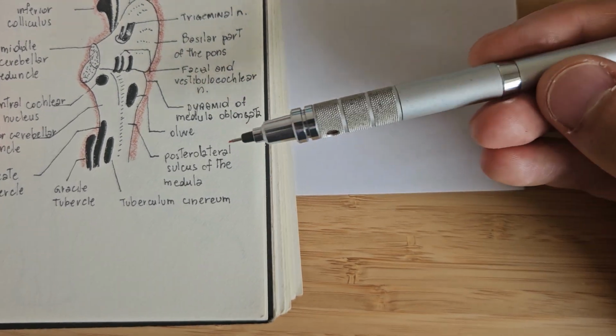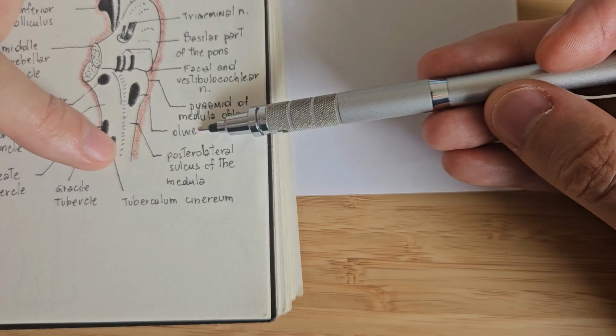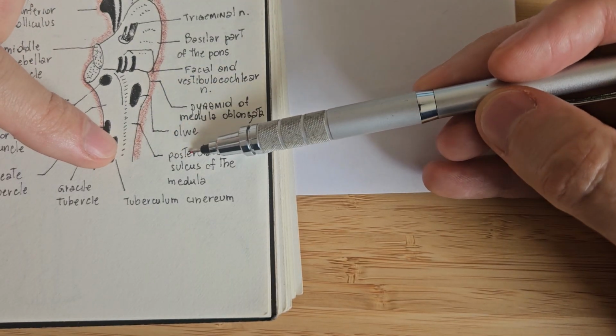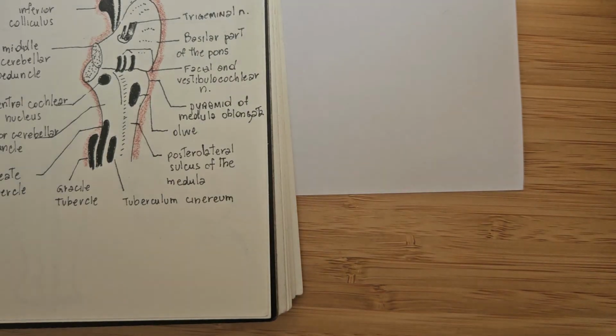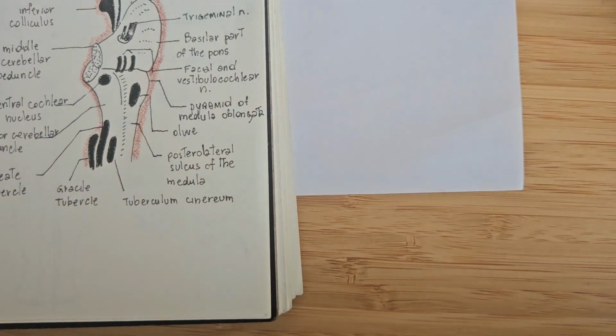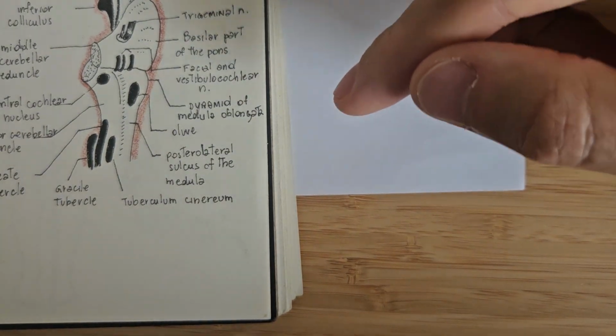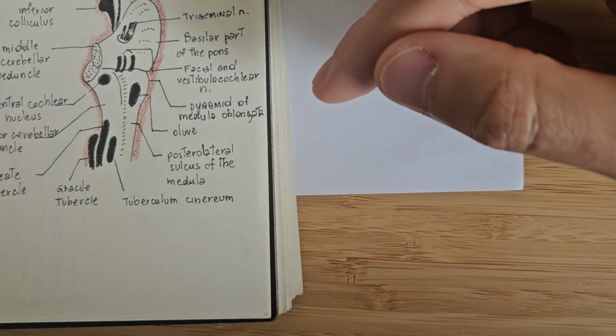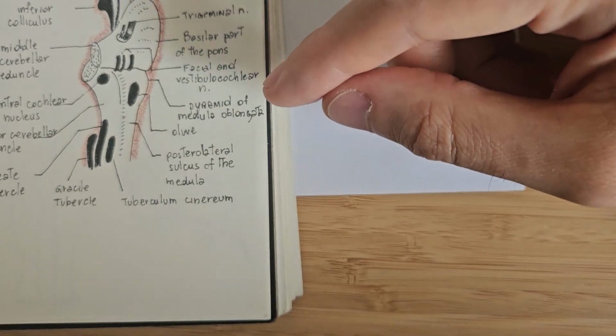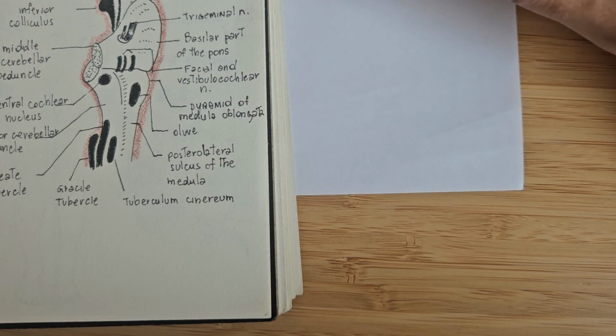Then we have the olive here, and the olive is a prominent oval-shaped structure located on the lateral surface of the medulla oblongata, and contains the inferior olivary nucleus, which plays an important role in motor coordination.